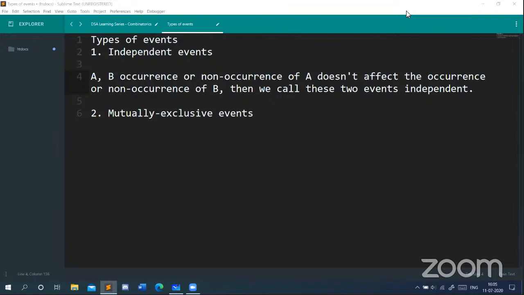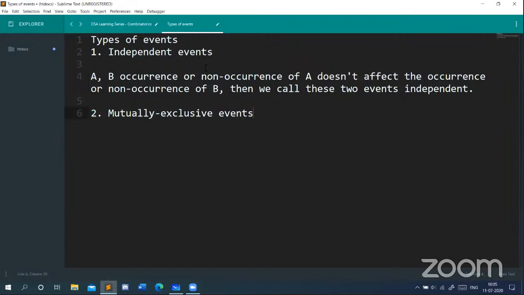Whether or not you win the toss has nothing to do with whether or not you win a match, and therefore these two events are independent. And therefore, the number of ways in which I can win a toss and win a match will be the number of ways in which I can win a match times the number of ways in which I can win a toss. And I'll come to that in a while.